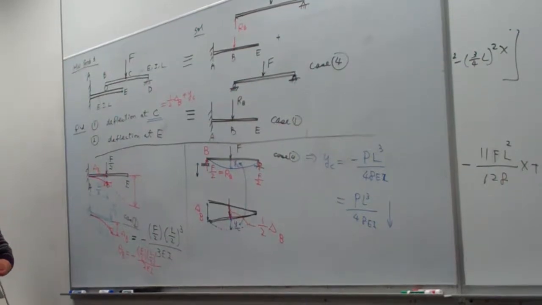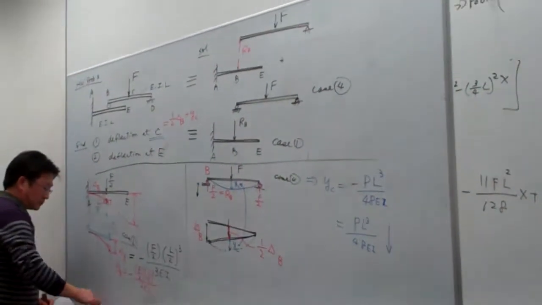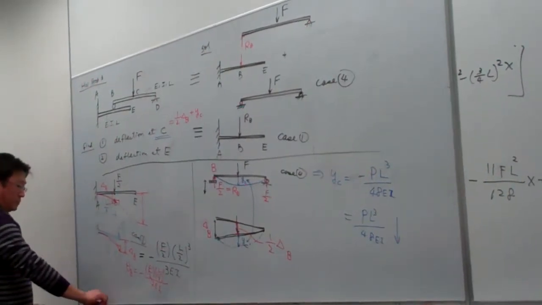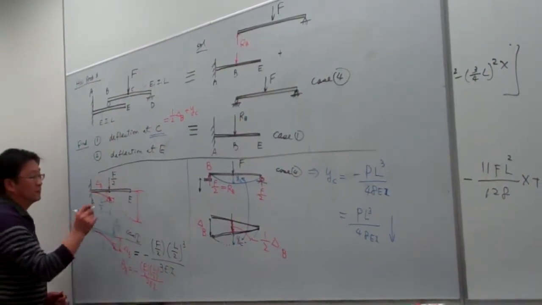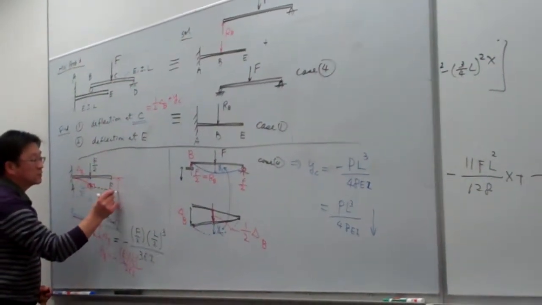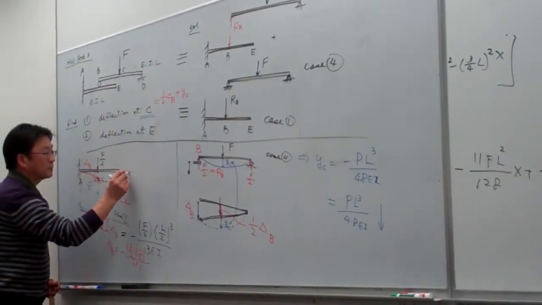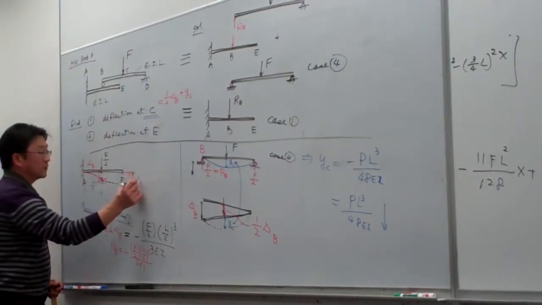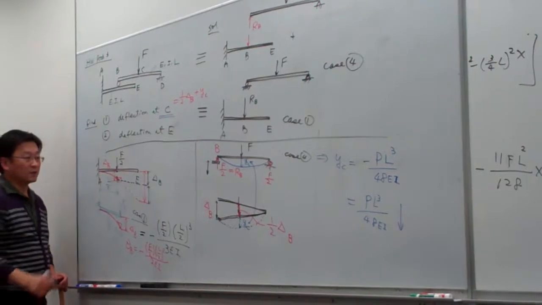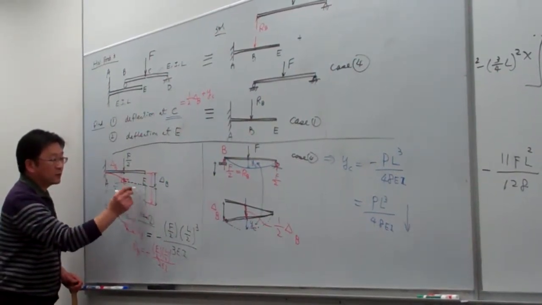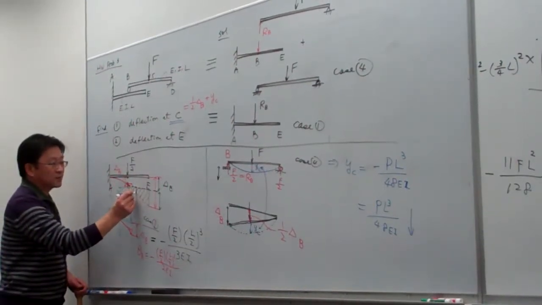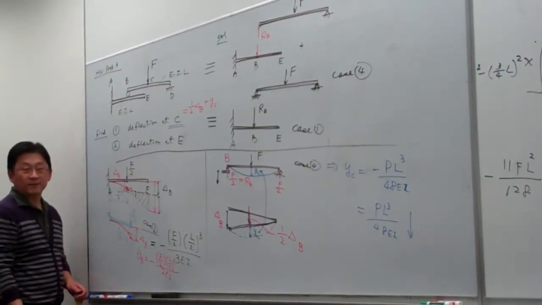And how to calculate this one. So this part will be equal to delta B. And for this part, you look at this triangle. For this triangle, we know this angle theta here, right?